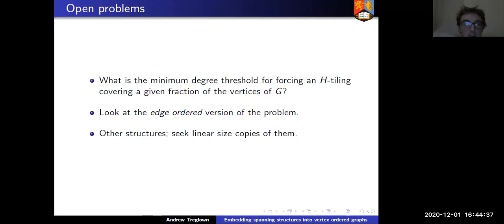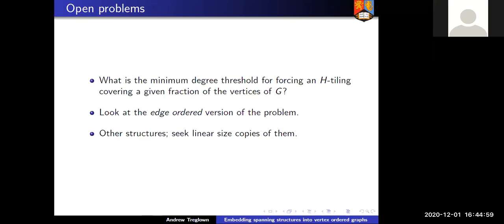So that analog will hold, but that's just immediate from Hajnal-Szemerédi. The interesting cases for perfect tilings for ordered graphs are when you haven't got a complete graph. The tile isn't a complete graph. Am I making some sense here?